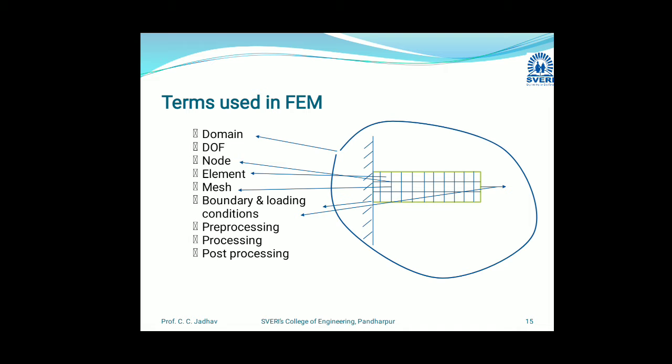So there are some terms: first domain, then degree of freedom, node, element, mesh, boundary and loading conditions, pre-processing, processing and post-processing. These are some of the terms used in the finite element method.